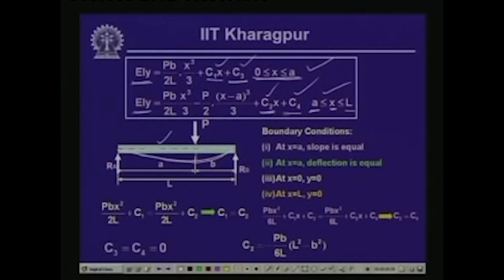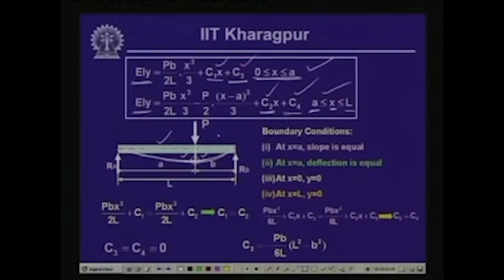At this particular point of the load, which is the boundary for the two expressions, the values from the left hand side and from the right hand side should be equal. What I mean is the deflection of this beam at this point, or the slope of the deflection curve at this point, from whichever side we compute, should be the same, because the elastic curve has to be continuous.